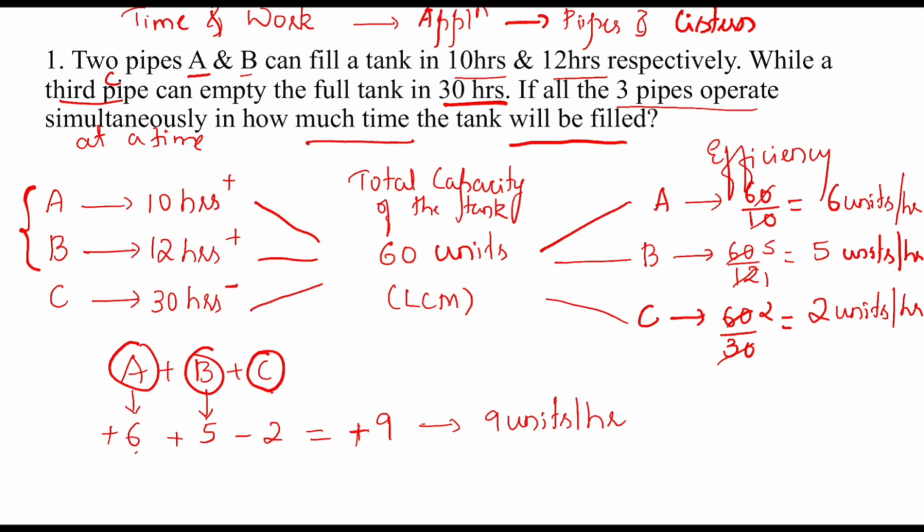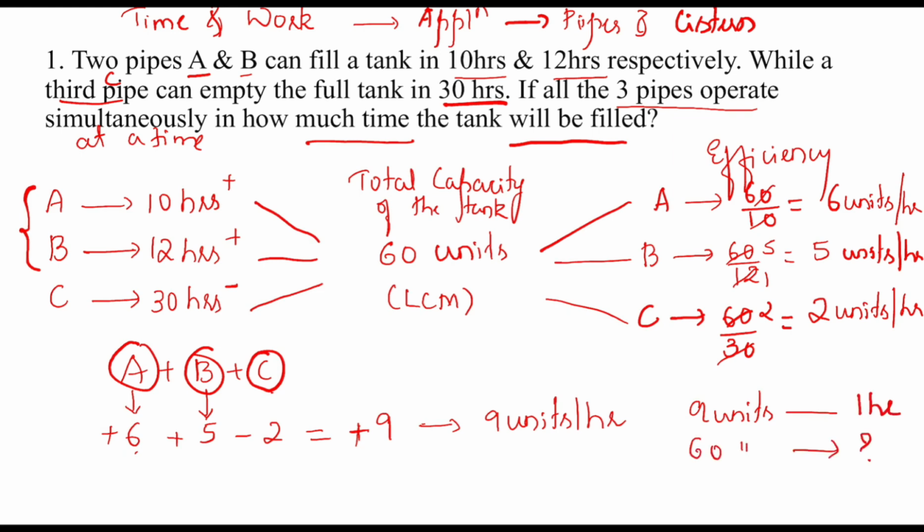So if 9 units per hour they are filling, then to fill 60 units, how much time is required? The tank will fill 9 units in 1 hour when all three are operating. So 60 units in how many hours? Because 60 is the total capacity of the tank.